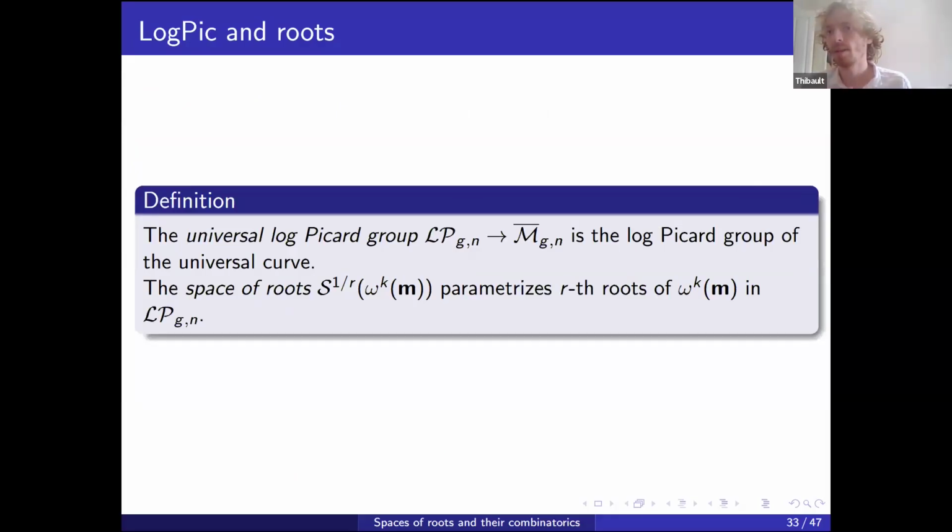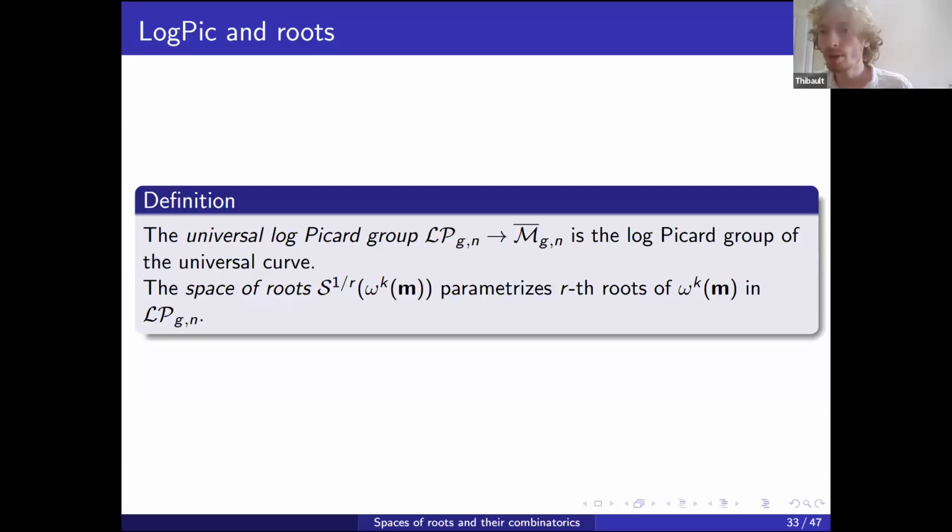Okay. So now we've defined log Pic, and we've seen that we get for free a compactification of Pic out of it, right? All we have to do is look at M̄_{g,n}, look at the universal curve, see it as a logarithmic curve, and consider its Picard group, its log Picard group.